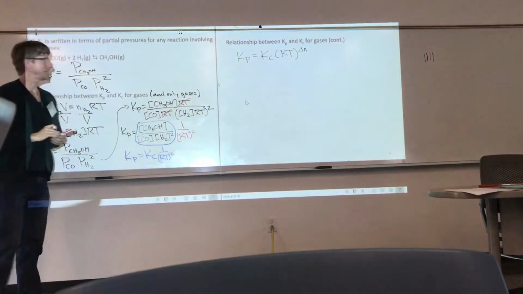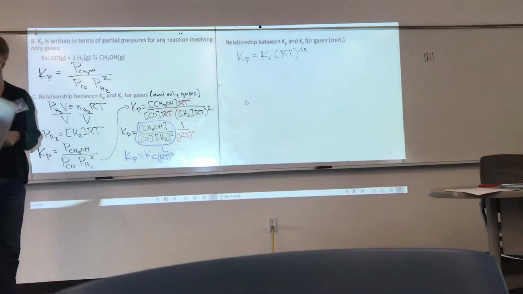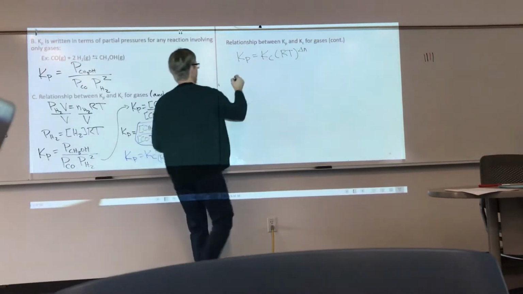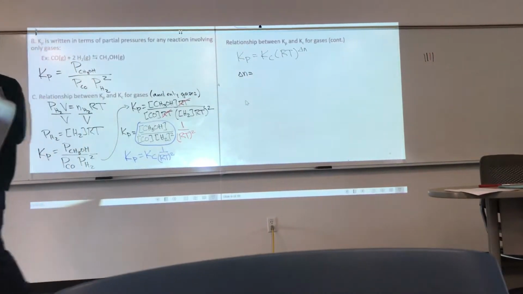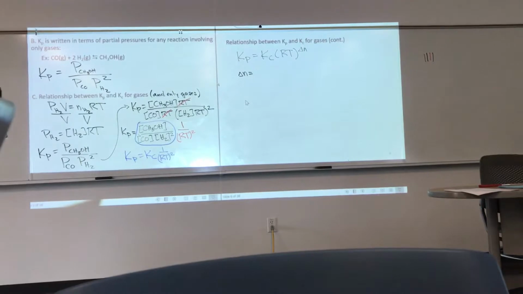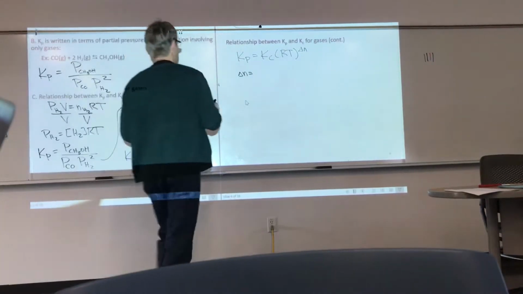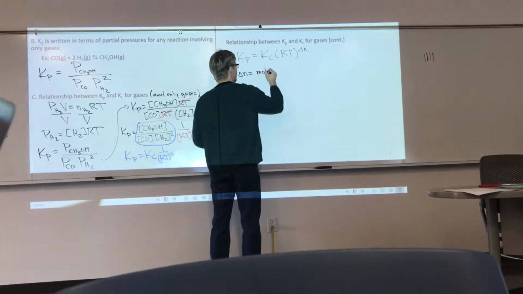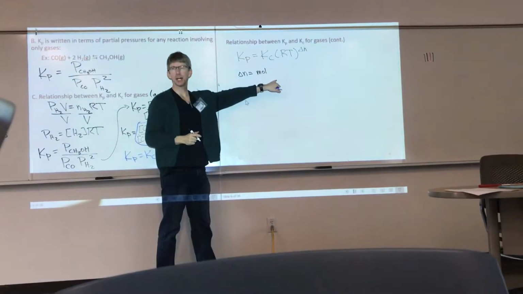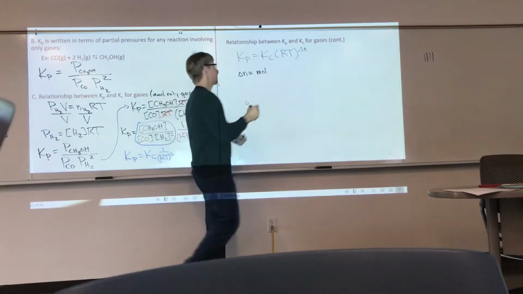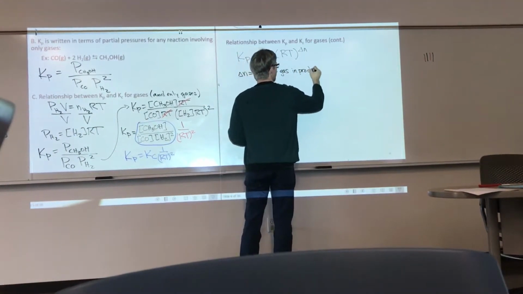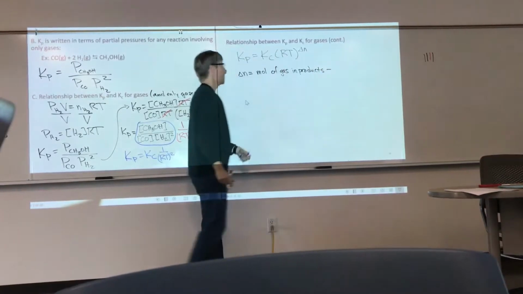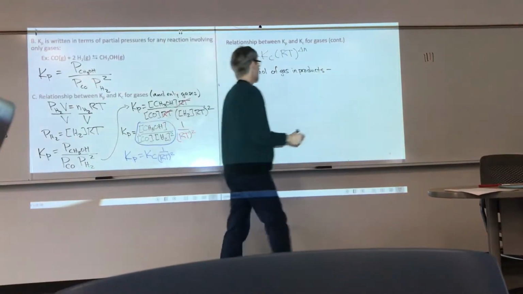Kp equals Kc times the quantity RT raised to the exponent delta n, where delta n is going to be, well, n is moles. Difference in moles, and it's going to be moles of gas in products minus moles of gas in reactants.